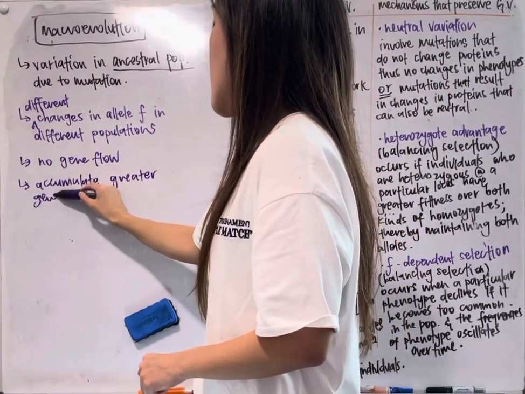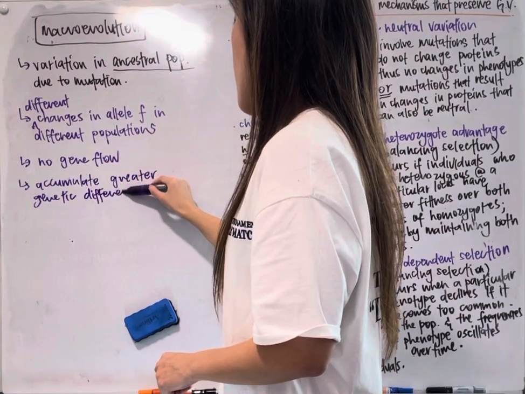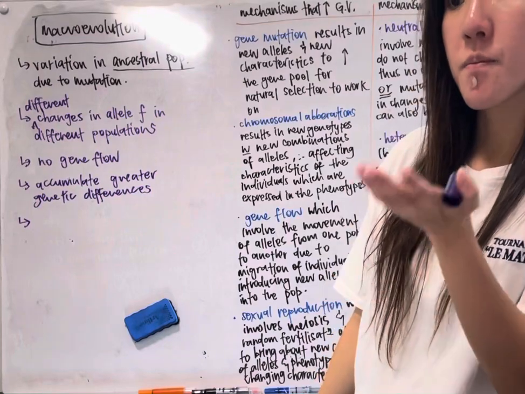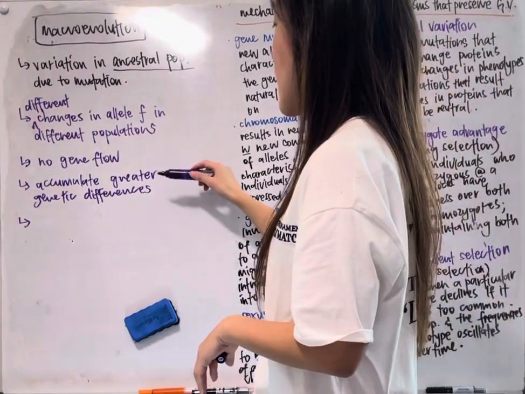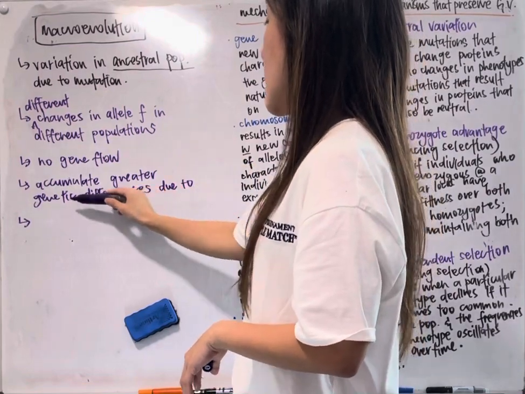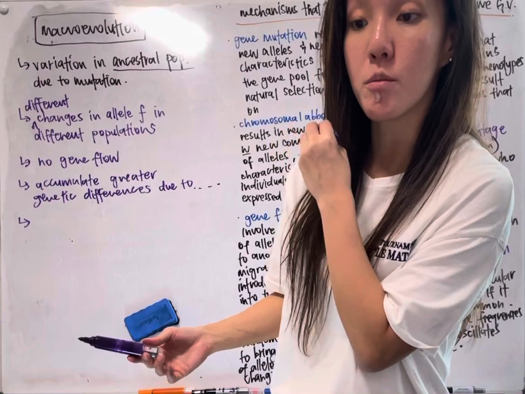Greater genetic differences. Usually you say greater genetic differences, obviously it's due to natural selection, or due to genetic drift, or due to mutations.